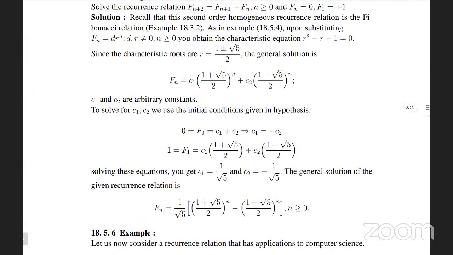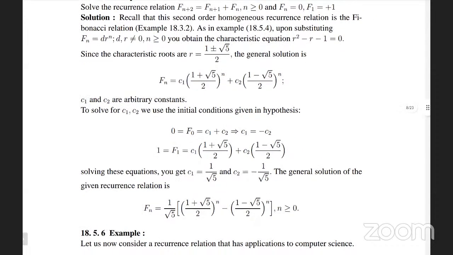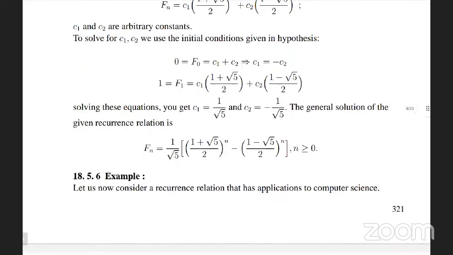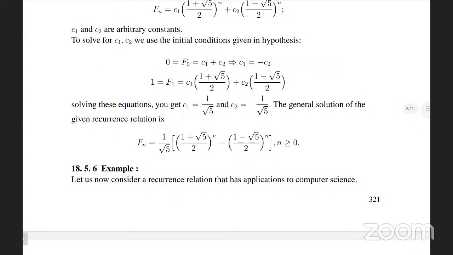If I substitute F0 in the C1 plus C2 relation, C1 equal to -C2. If I substitute F1 equal to 1, both are solved. I get C1 = 1/√5 and C2 = -1/√5. So Fn = 1/√5 [((1 + √5)/2)^n - ((1 - √5)/2)^n].